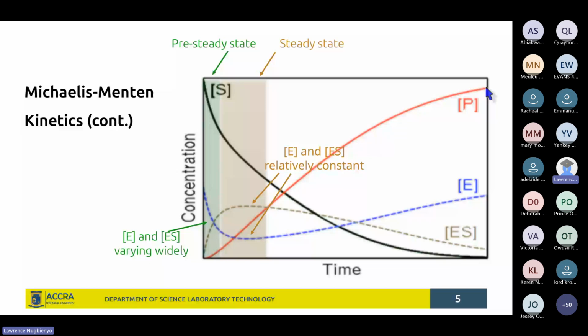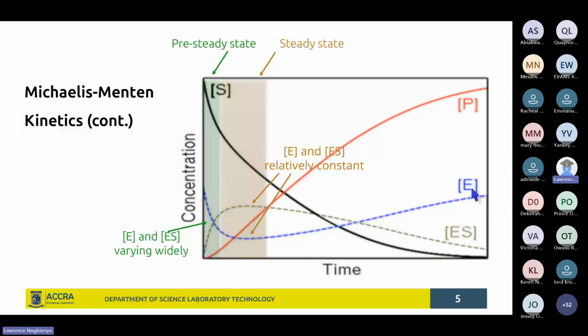You have the concentration of the enzymes now equal to the concentration of the enzyme at the beginning of the reaction. Because as for the enzymes, they are just catalysts. They are not being converted. They only come in to increase the rate of the reaction.